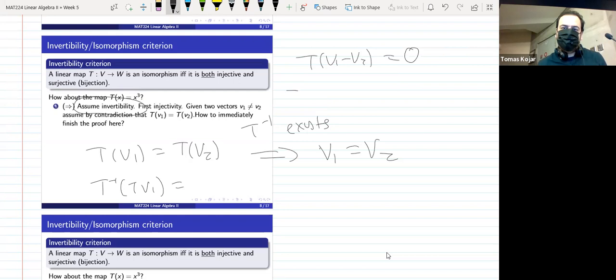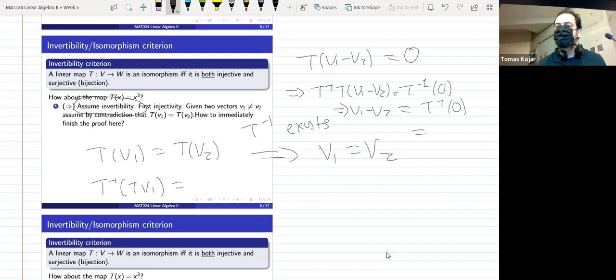Well, okay. I mean, we're doing the same thing. Then you can take T inverse of this, like that, right? Then you get V1 minus V2 is T inverse 0. And I'm going to talk about it in a second. This is also linear, so it's also 0.